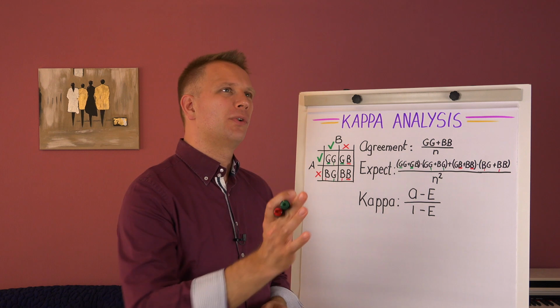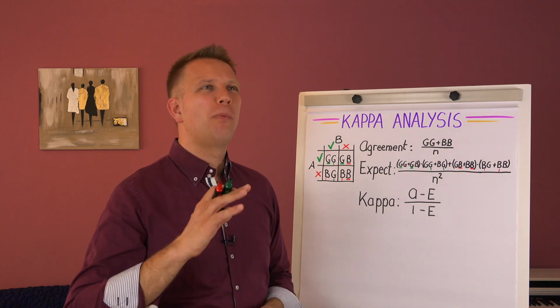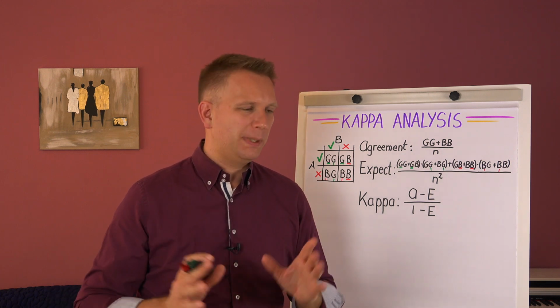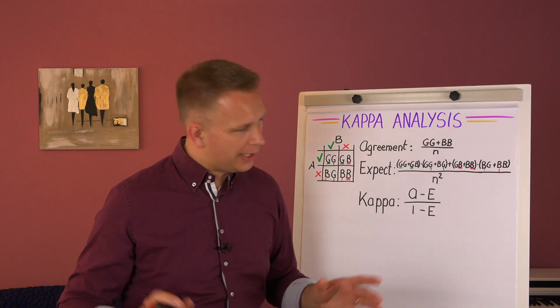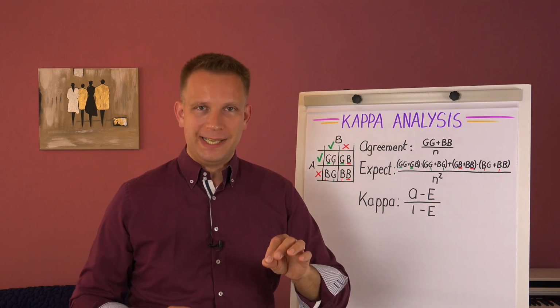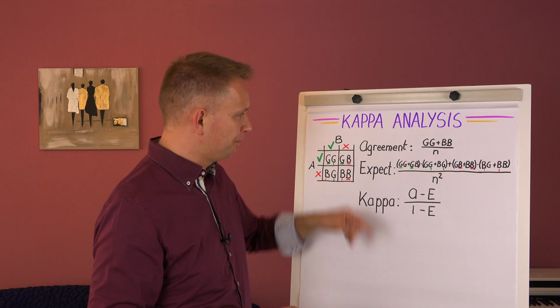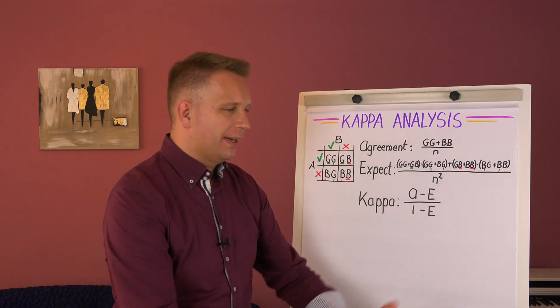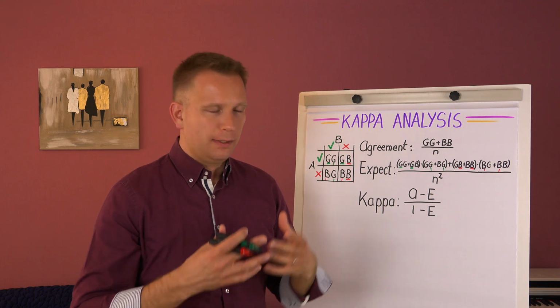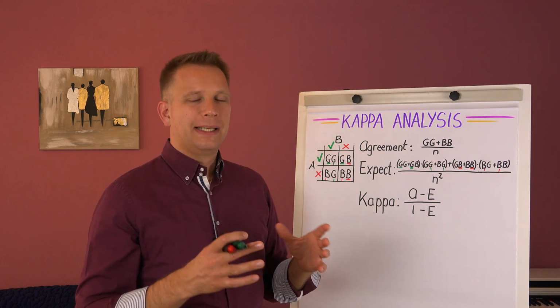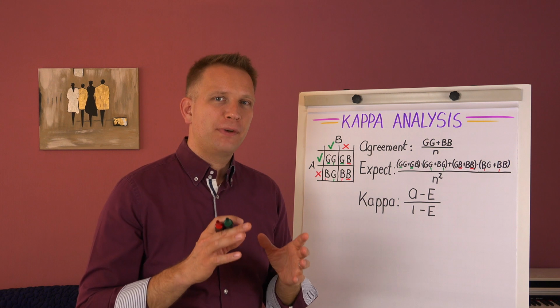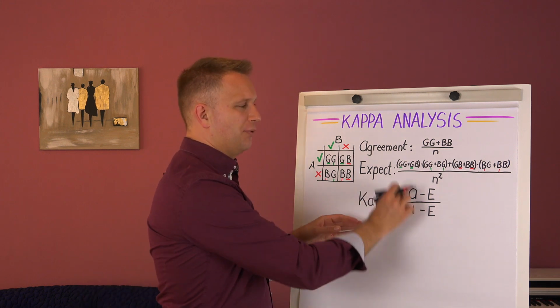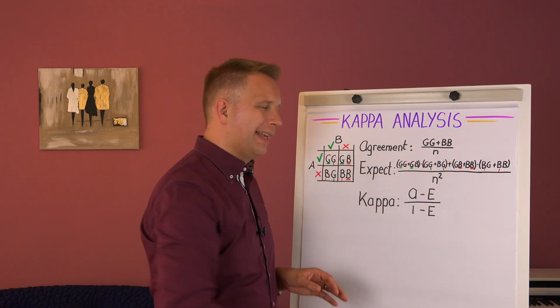Now, those you will not often see, right? Because we didn't put into place completely nonsense quality checks, you'll almost always see a positive number here. And the bigger the expected agreement, the more difficult it becomes to really get good values from this.